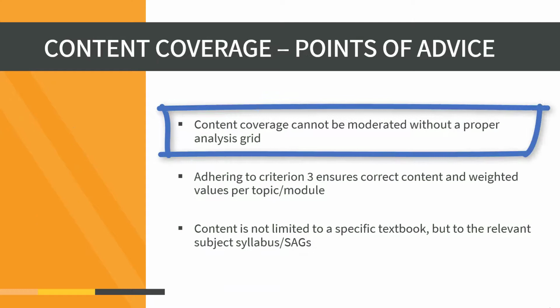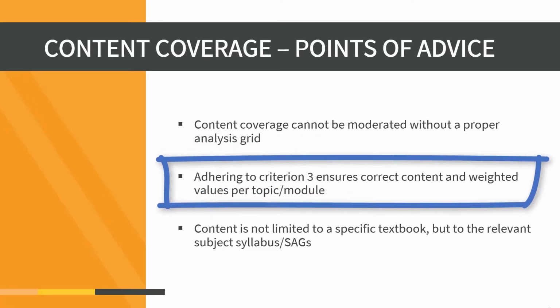Do you think content coverage can be moderated if there is no analysis grid? Definitely not. Through moderation of Criterion 3, you will also ensure adherence to the syllabus or subject assessment guidelines with regard to both content and weighted values per topic or module.